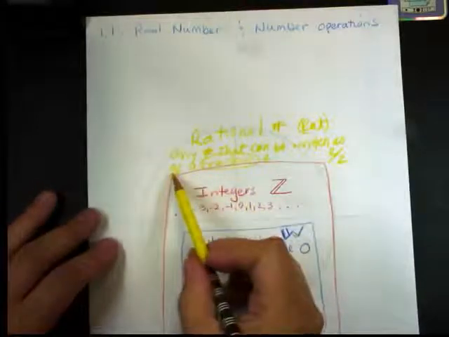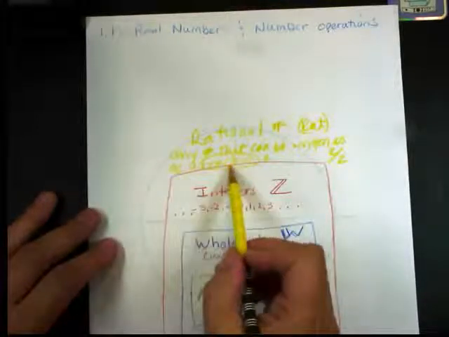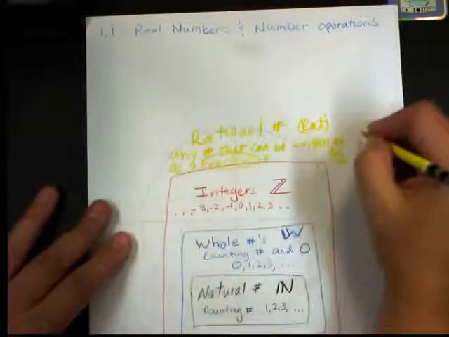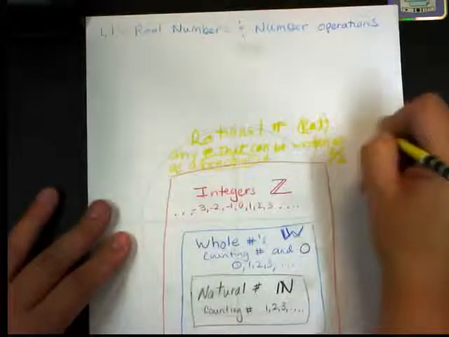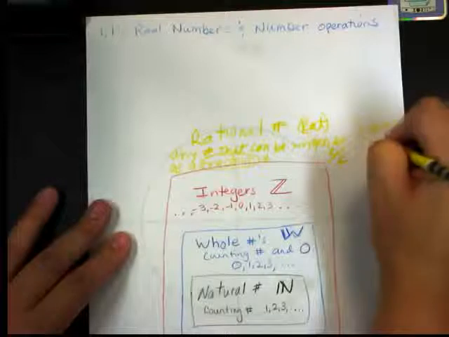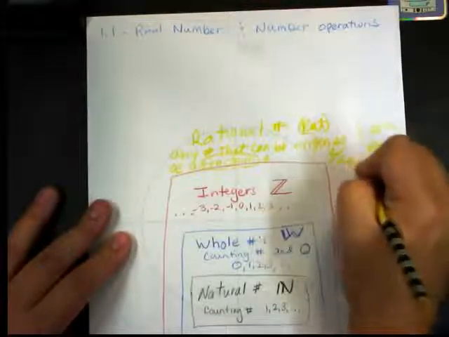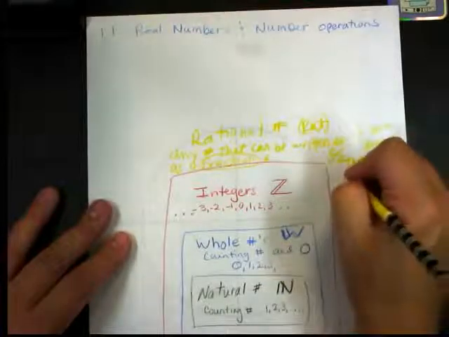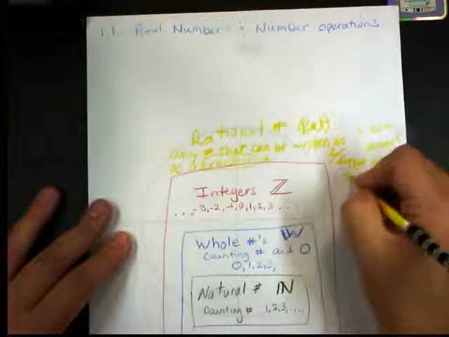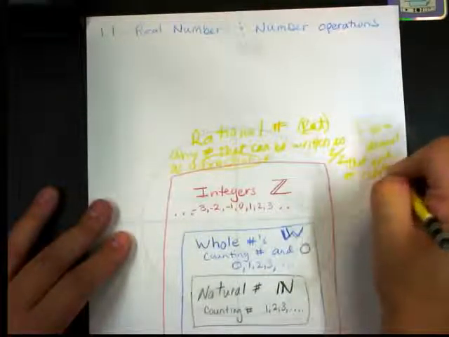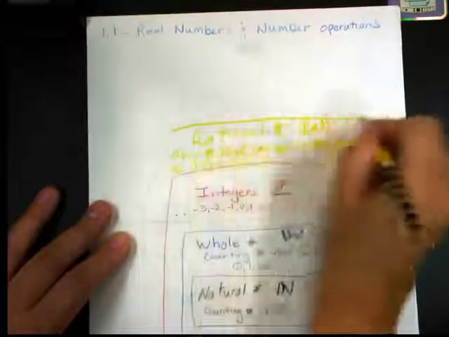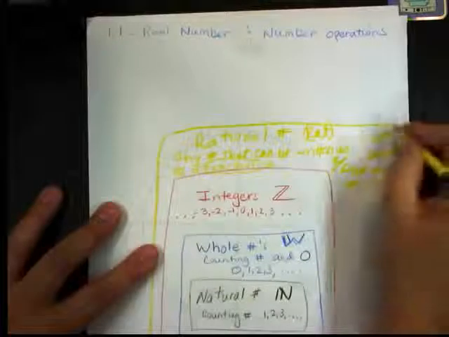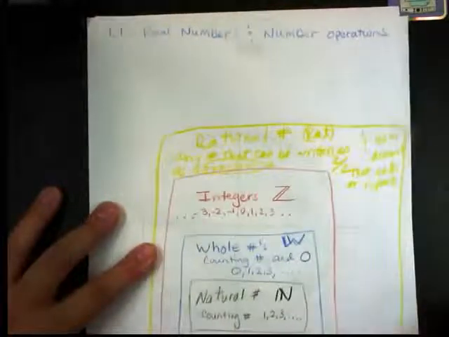So not only can it be written as a fraction, but it can also be written as a decimal that ends or repeats. All of those are going to be considered rational numbers as well.